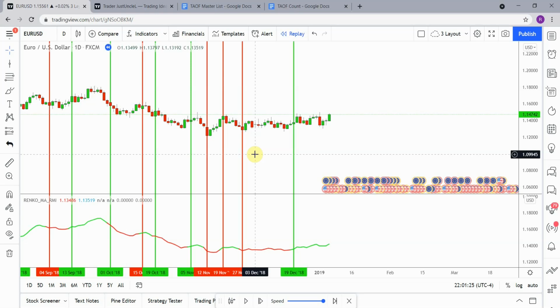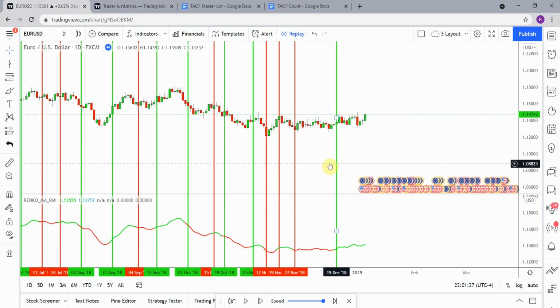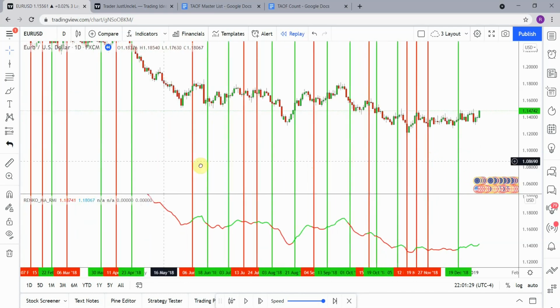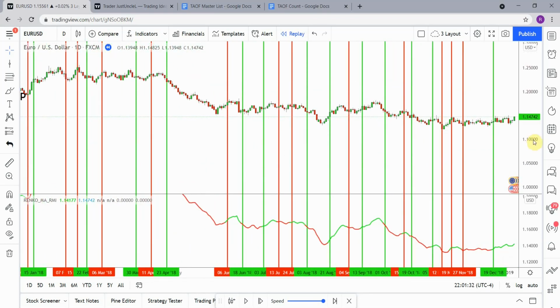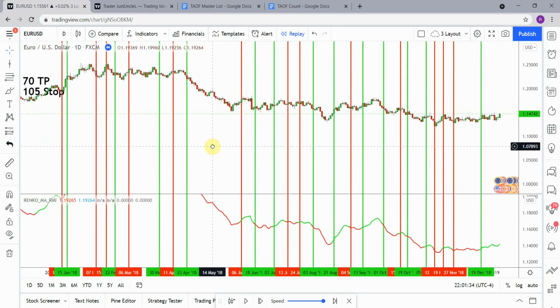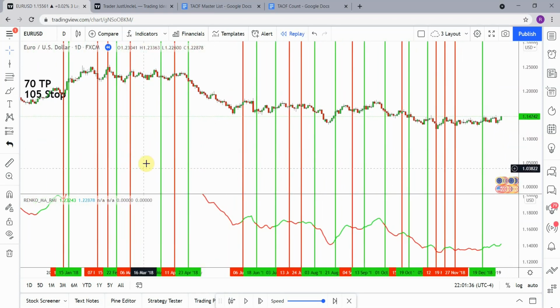All right, let's see what we get here out of this indicator. Quite a few trades, typically a bad sign, but let's go ahead and count them out.